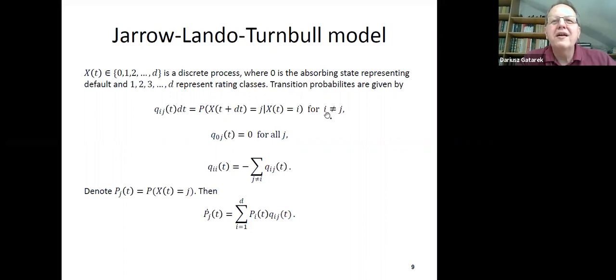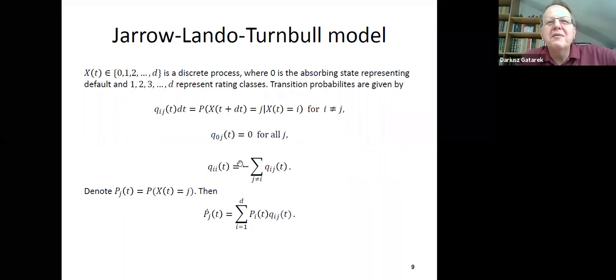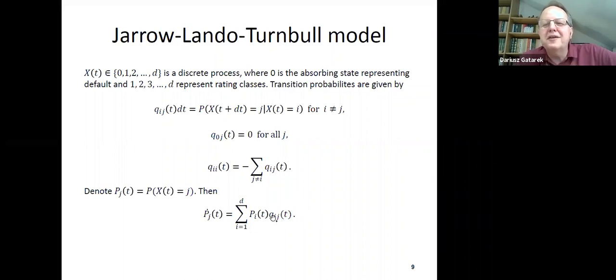For j equal i, we should have it at i, but then it should be added here. So it's added and subtracted. The formula is correct. But good that you keep in mind the theory of discrete Markov chains.